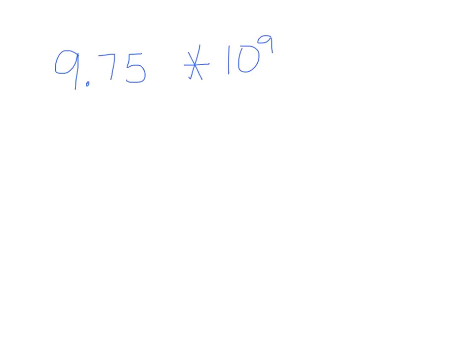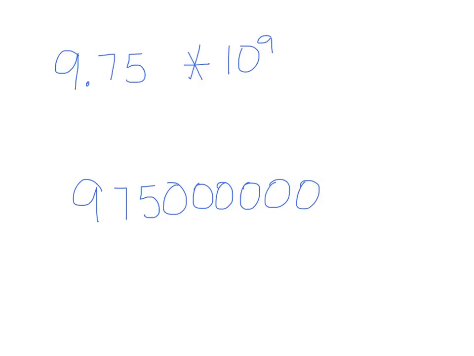So this is our other part of scientific notation. And I'm going to start off by writing 9, 7, 5, and then a bunch of zeros. And I might not use all of those. Okay, I'm going to put a decimal point in right where it is, 9.75, and then a bunch of zeros because they don't change the value of the number.